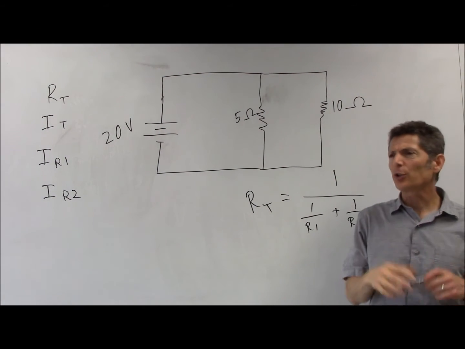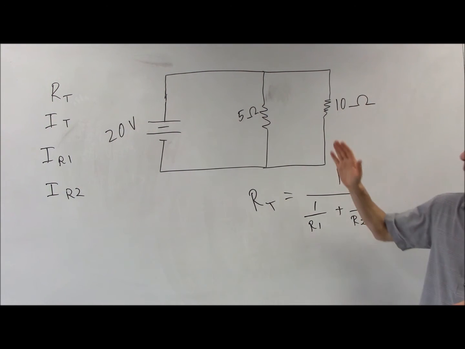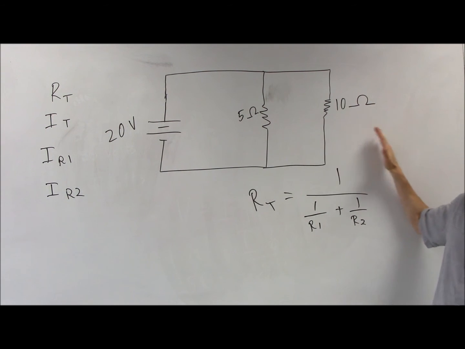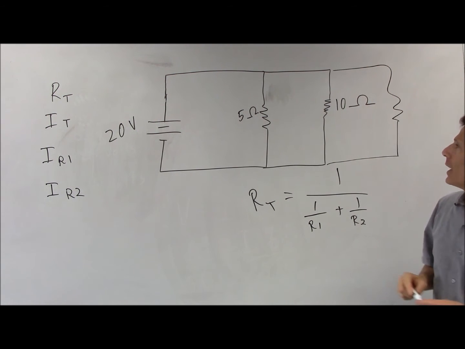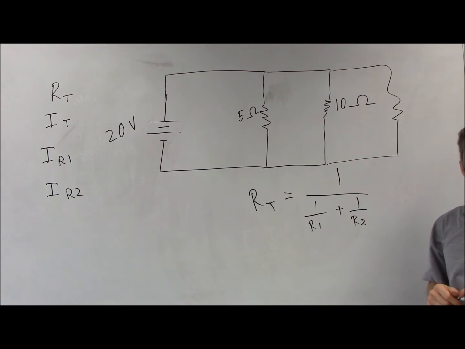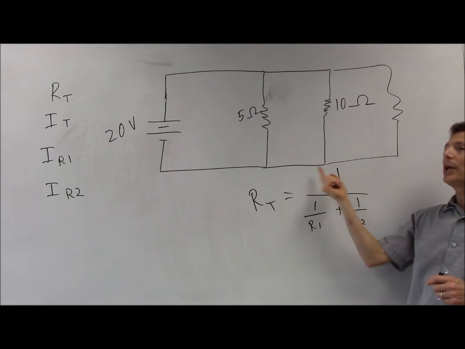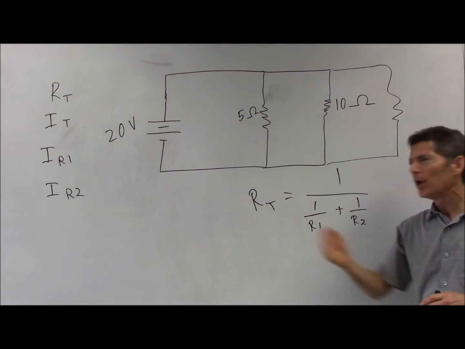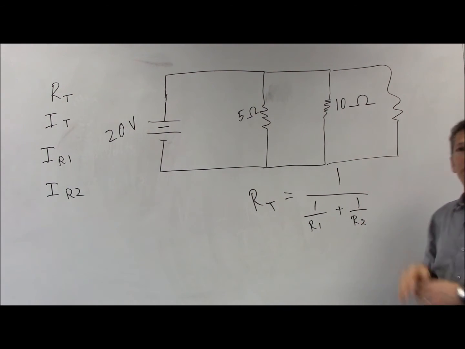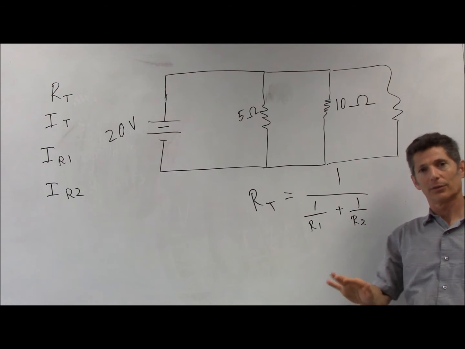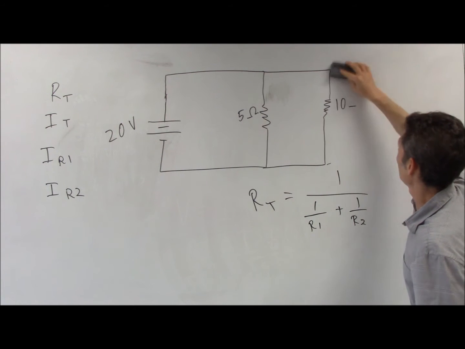It makes sense intuitively that as I add more resistors in parallel, the total amount of resistance of this circuit actually goes down, because even though I'm adding another resistor, I'm creating another path for electrons to flow. So the total current is going to increase, which means there has to be less total resistance. It's a little weird, but that's how it works.